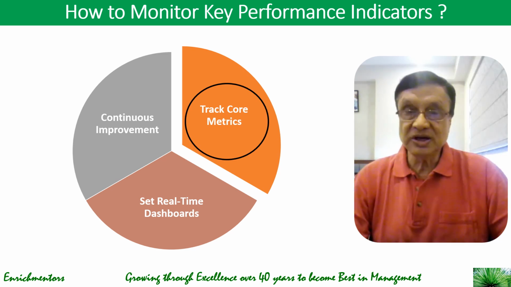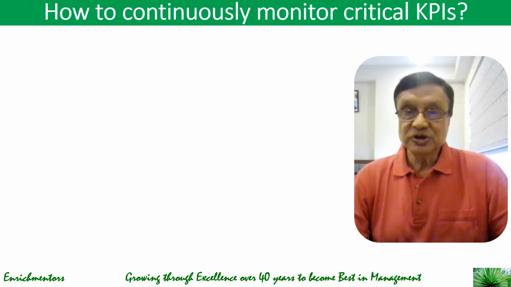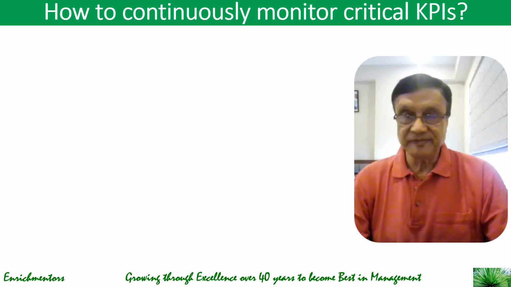So how would you continuously monitor critical KPIs and use this data to identify problem areas and assess the effectiveness of your RCM process? Any thoughts? So continuously monitoring this, obviously, there are certain KPIs that you need to monitor, right?